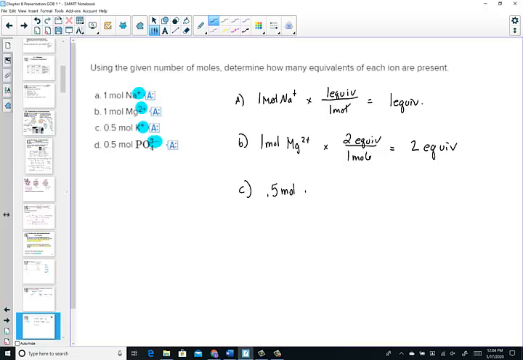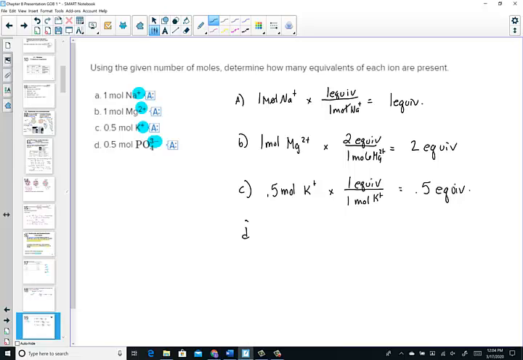Whoops. What I know from the formula is that there is 1 equivalent delivered for every 1 mole of potassium ion. Just to put the labels in there. So this would deliver 0.5 equivalents.